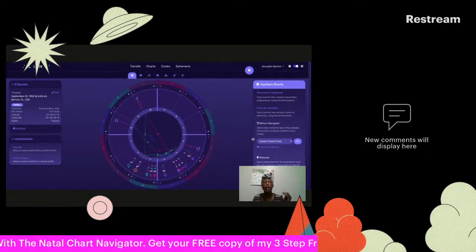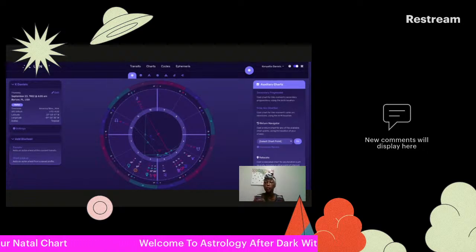Okay, now when you pull your chart in astro.com, you will need to go in and make changes and make sure you put the chart in whole sign houses. That is the house system that you're going to want to pull your chart in, because if you're following any of my content, it works with the whole sign house system. It does not work with Placidus.